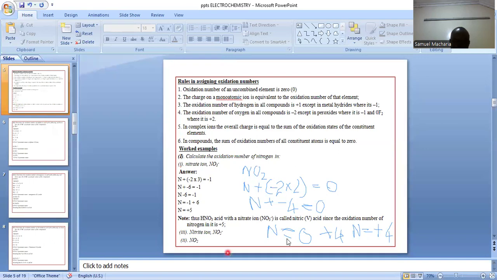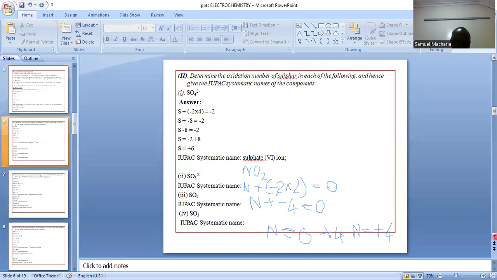I want us to continue. Now we go to the second example whereby we are required to determine the oxidation number of sulfur in each of the following species.